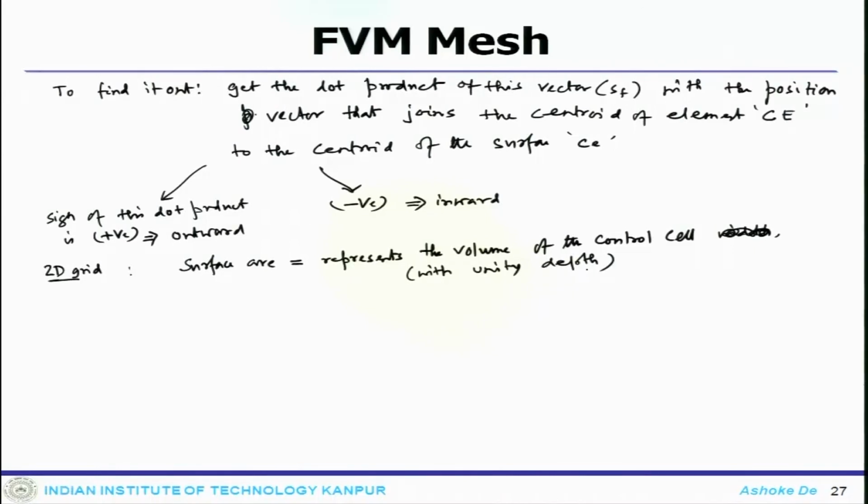That is how a 2D triangle can be looked at. It represents the volume, with the unity depth out of plane, essentially in the third direction.